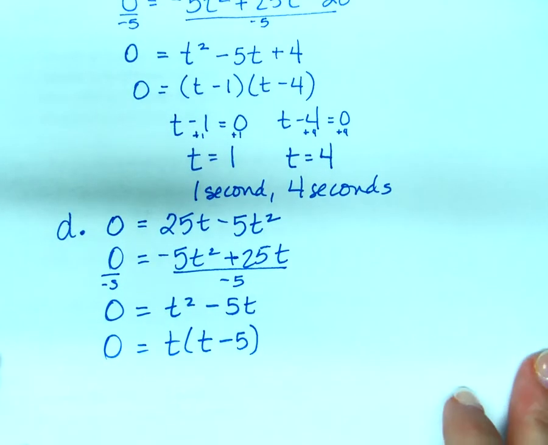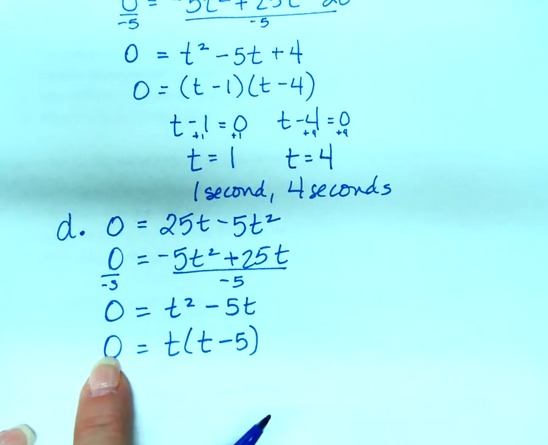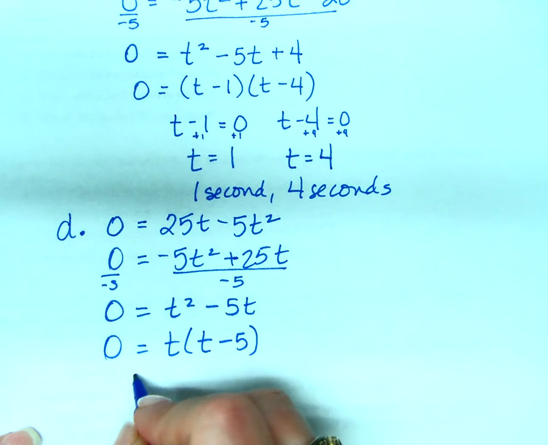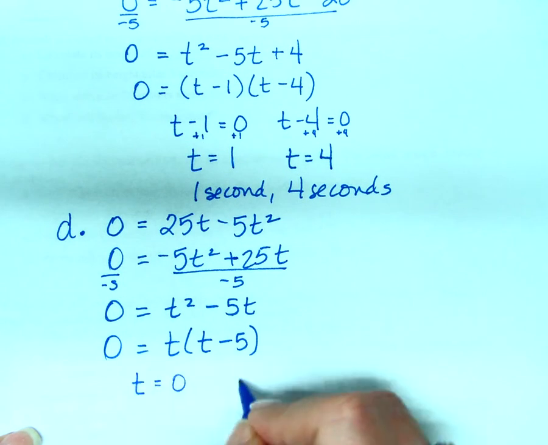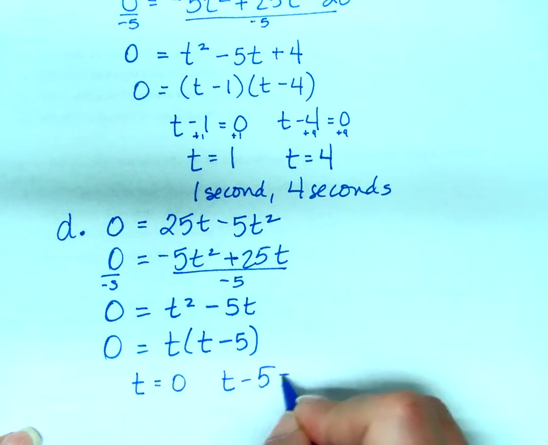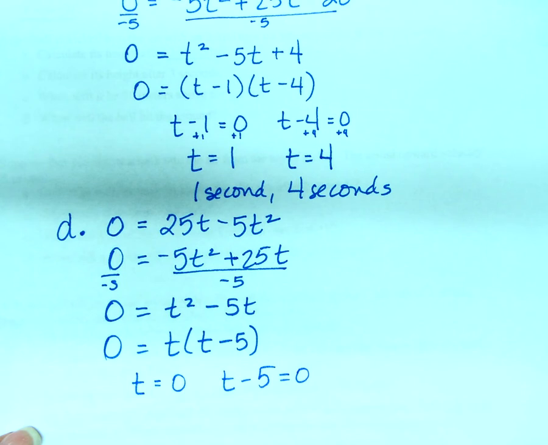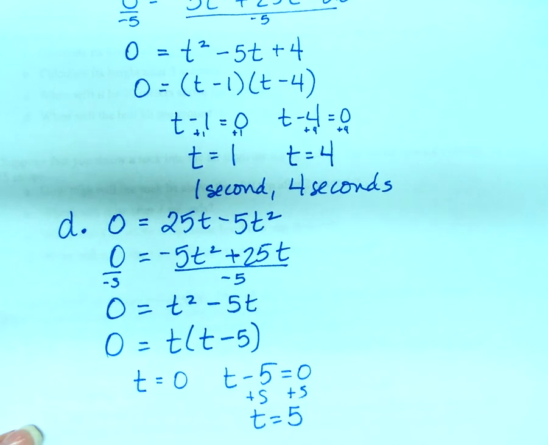Zero product property says if they multiply together to equal 0, what should I do with each factor? Set it equal to 0. t equals 0 and t equals 5. I've answered the algebra. Now let's answer the question.